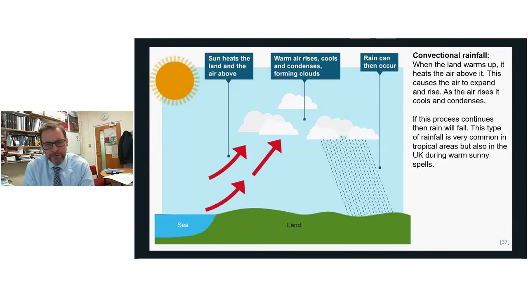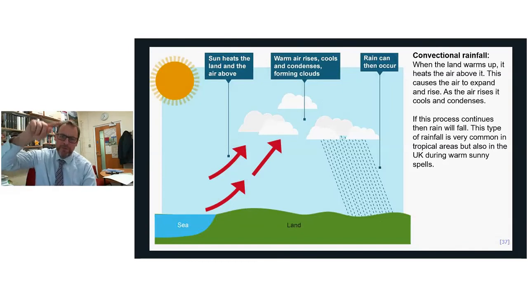Convective rainfall events, in the UK anyway, are largely associated with summer events. It's where you have quite high levels of evaporation from the sea or from the land. When the land warms up, it heats the air above it. This causes the air to expand and rise. As the air rises, it cools and condenses with a cooler upper atmosphere.